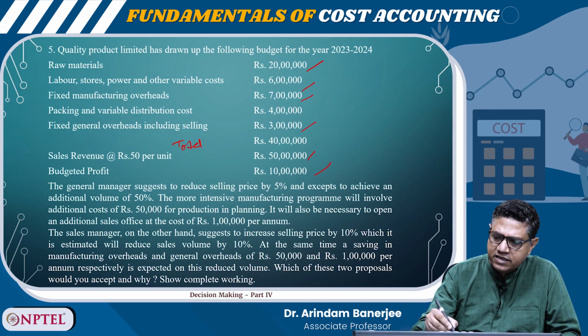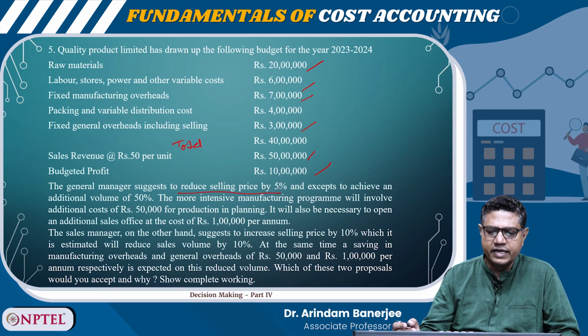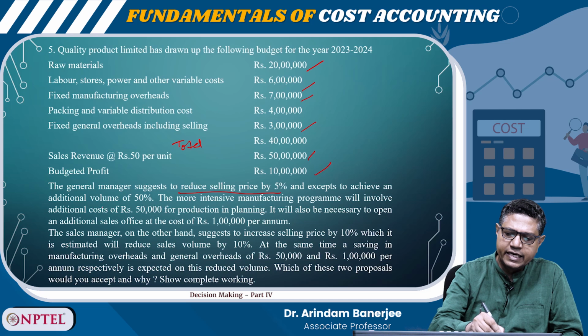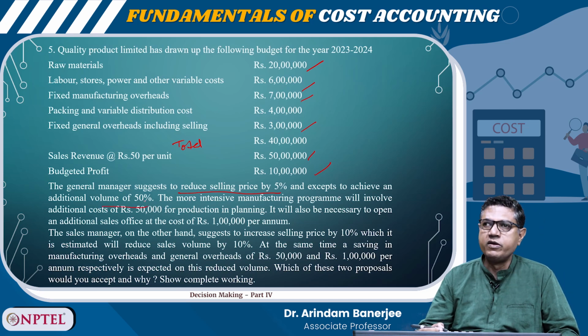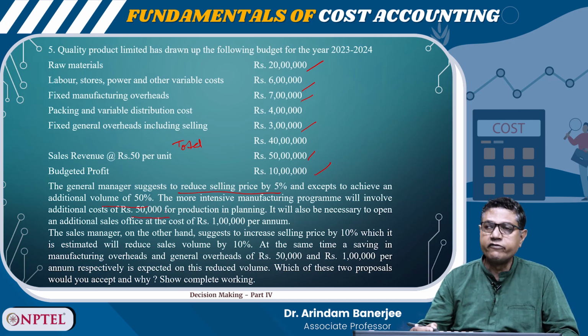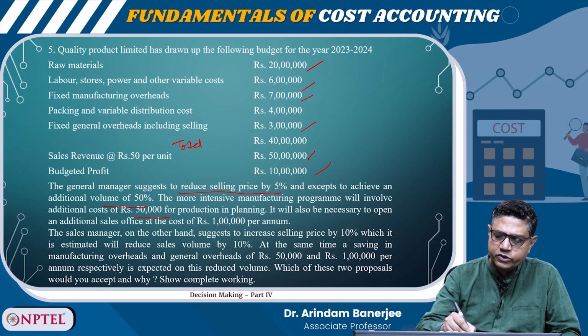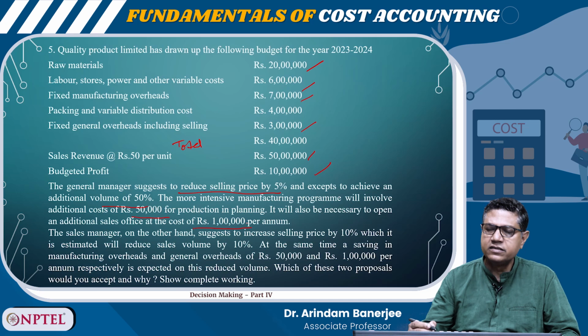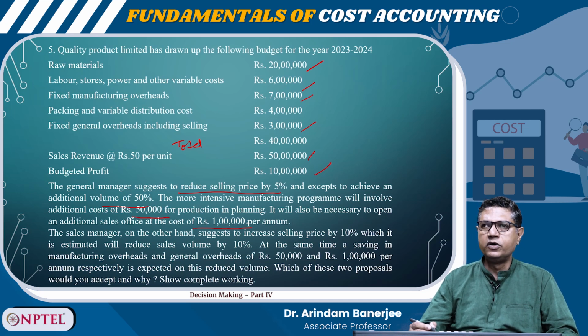So, there are two proposals. First proposal is to reduce the selling price by 5%, and because of this he is expecting an additional volume of 50%, and it will also require additional 50,000 for the manufacturing process, and it will also require opening an office, which will incur a cost of 1 lakh per annum.